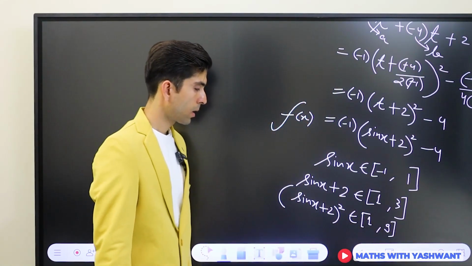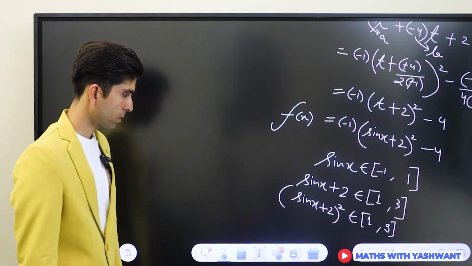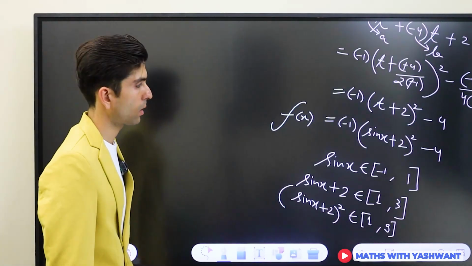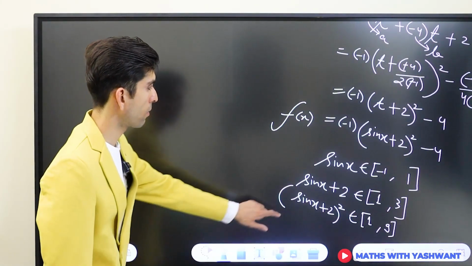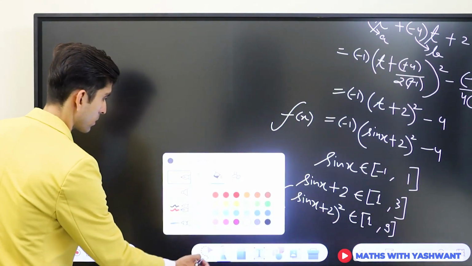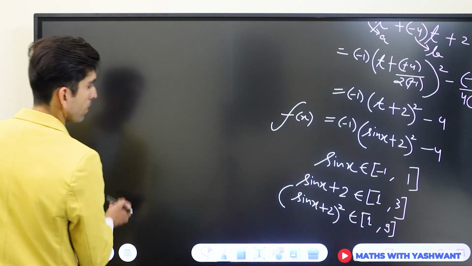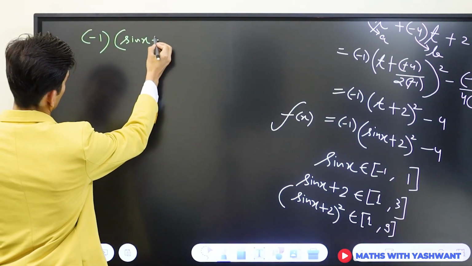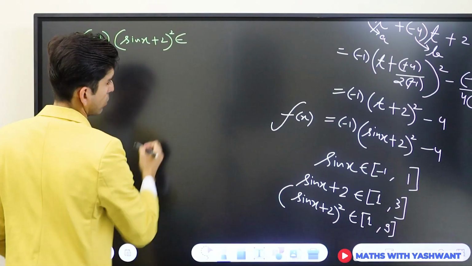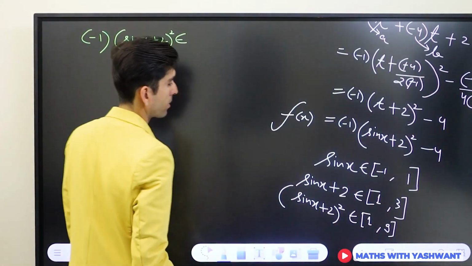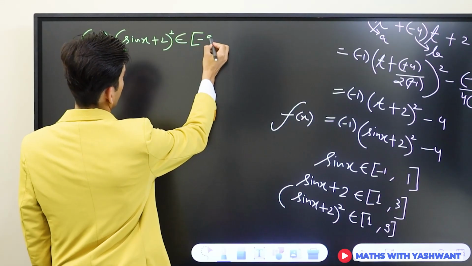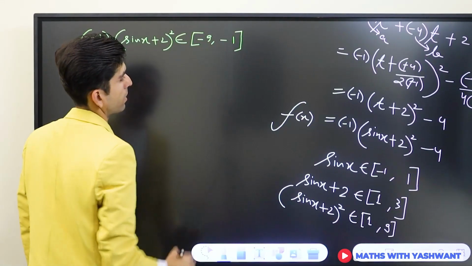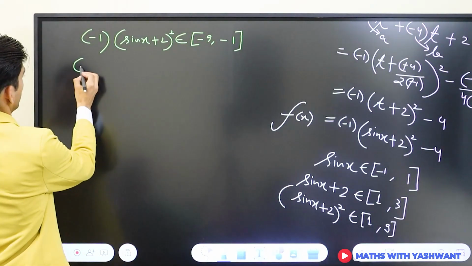I have discussed in detail in my previous videos about finding the range of various types of functional expressions. Now we'll multiply with a negative sign. I'm using a green pen now. With a negative sign, you multiply sin x plus 2 whole square. So you multiply the left and the right-hand boundary points, and they will be reversed. So we have -9 to -1, and then you add -4.